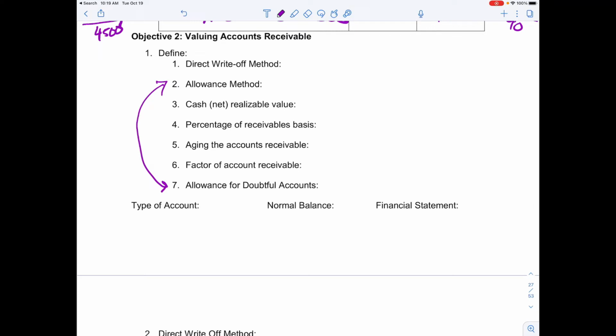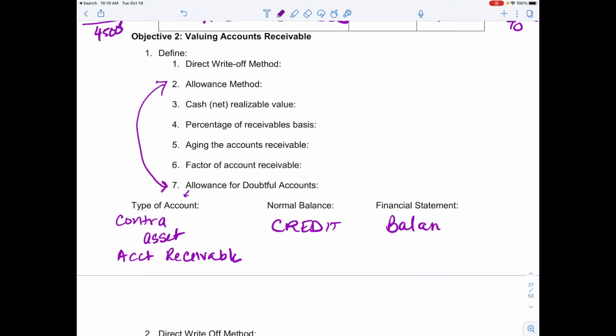So this account, this allowance for doubtful accounts, is a contra asset account. It will attach itself to the account receivable. Assets normally have a debit balance, but since this is a contra account, it will have a credit balance. And it'll show up with the accounts receivable on the balance sheet.